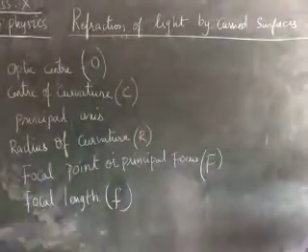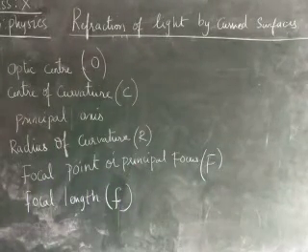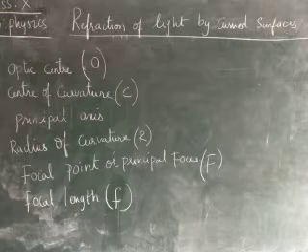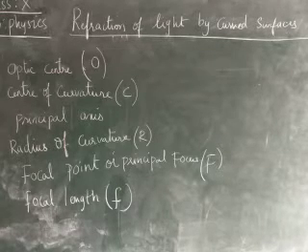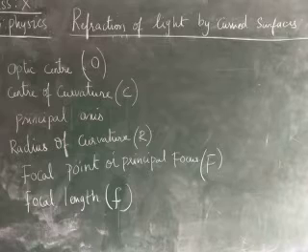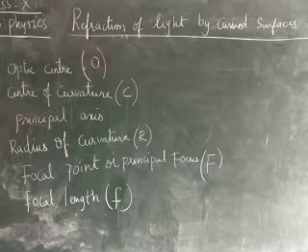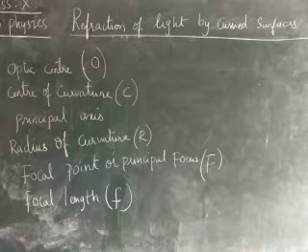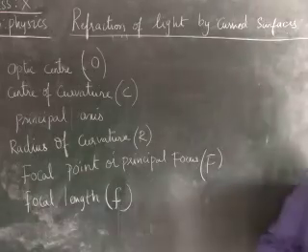That is, optic center, center of curvature, principal axis, radius of curvature, focal point or principal focus, and focal length. These are the terms involved in the types of lenses.